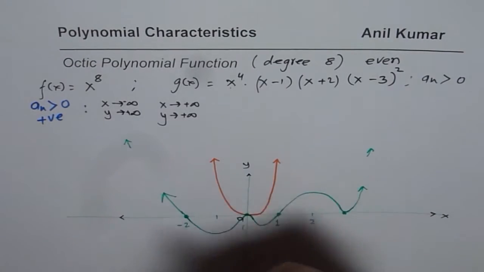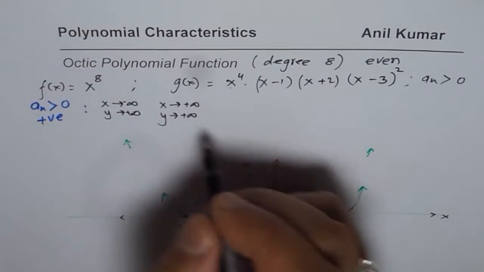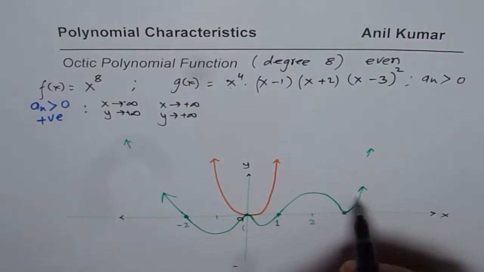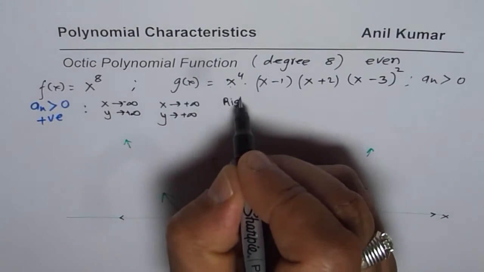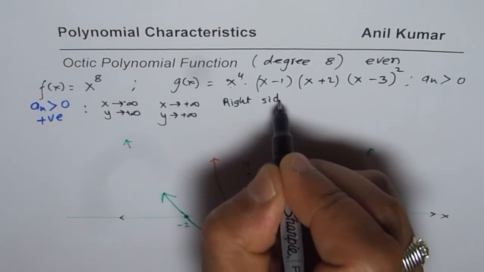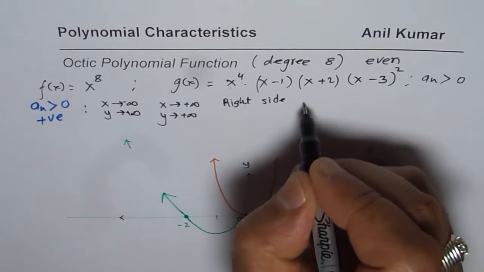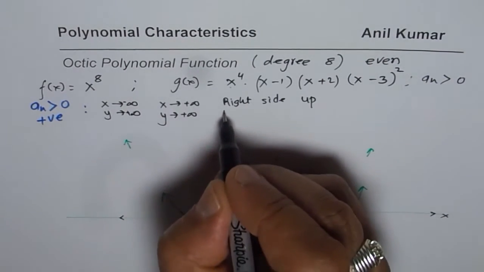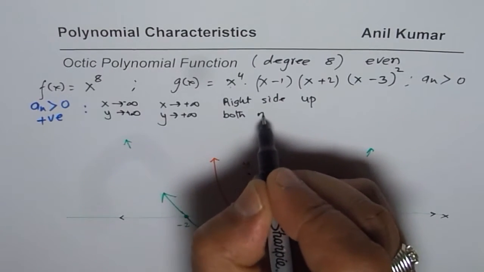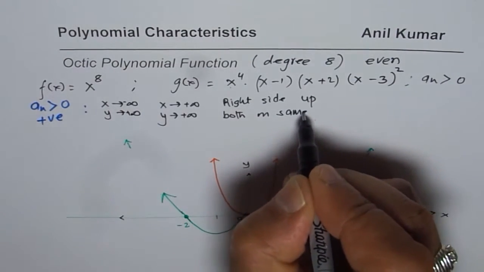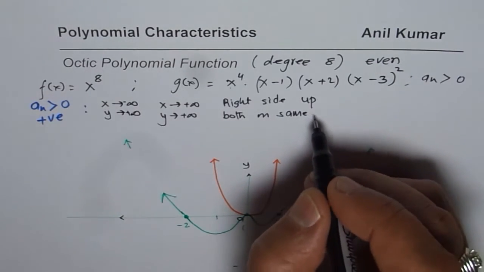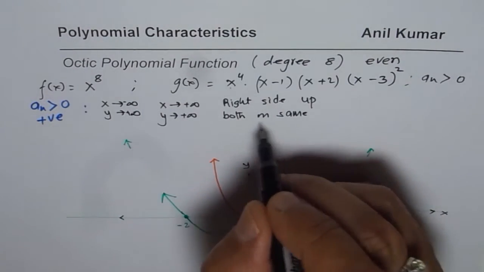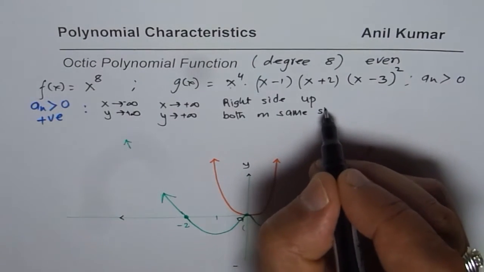Both upwards. The important thing here is that the right side is up, and both are on the same side. That is the characteristic for an even degree polynomial with positive leading coefficient, both on the same side.